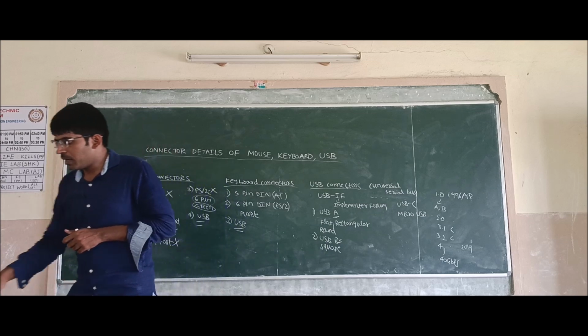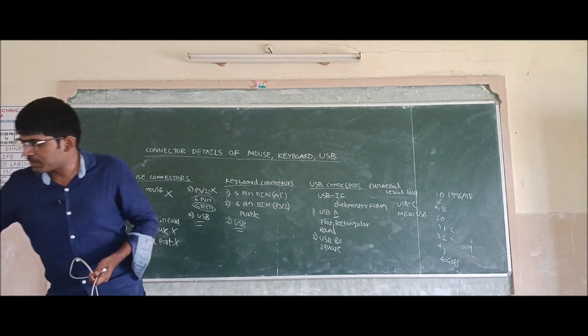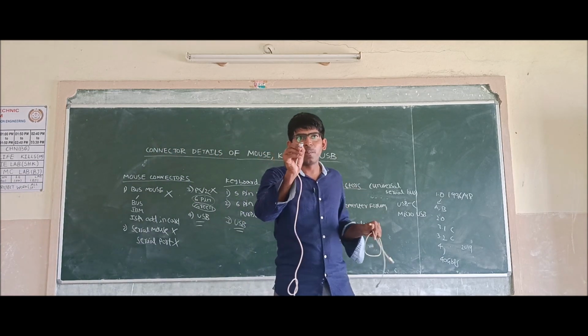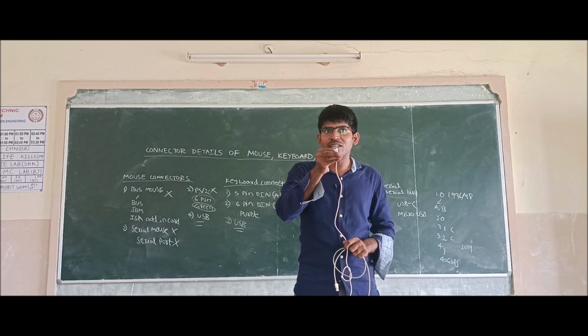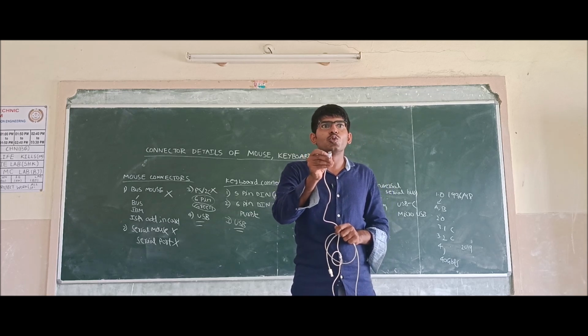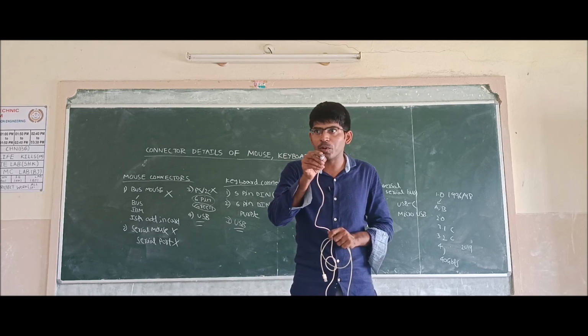For example, I am taking two mobile chargers. You can see this is a type A connector. We connect this to our adapter. The white color indicates it is 2.0. Whenever we have blue color, it indicates 3.0.